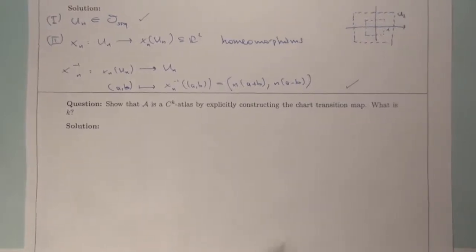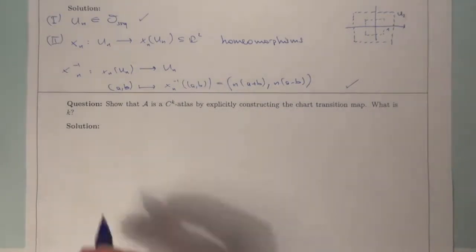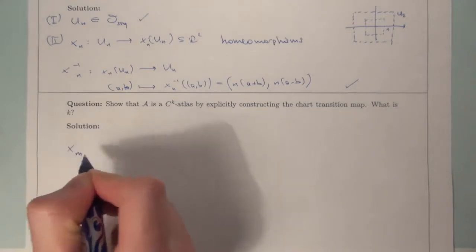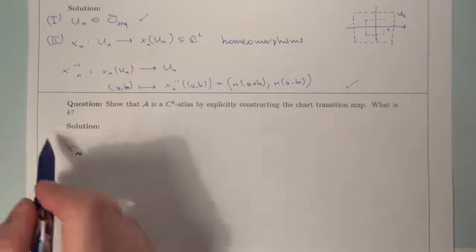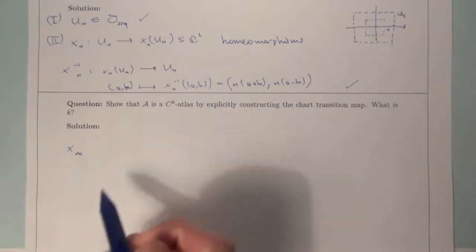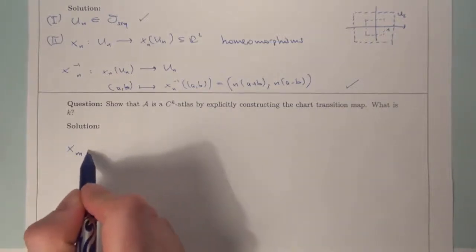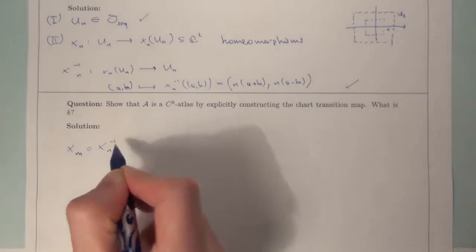Second question is, we should show that A is a C^k atlas by explicitly constructing the chart transition map, or the chart transition maps between any charts, and then state what k is. So a chart transition map is some x_m that belongs to the chart U_m, x_m after another chart map.